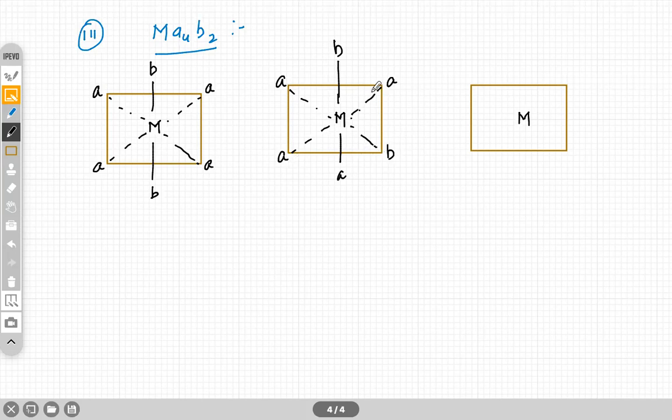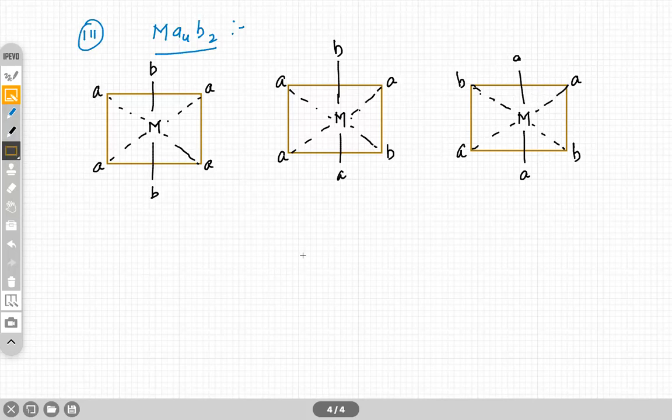Can we change the position of B here in this square? Or I'll change the position of this B. Suppose I place this B here, A here, B here, A here, alternate. So isn't it the same as the first one? Same as the first one. Okay. What is the another, is there any other possibility?